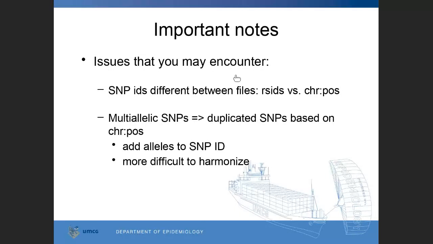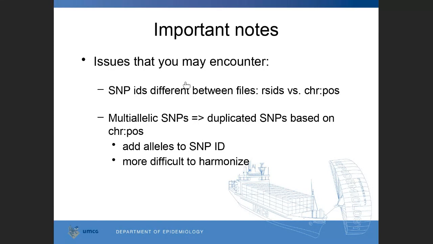Well, and some issues that you will encounter when analyzing your data is that the SNP IDs may be different between files, either between case and Lifelines cohorts, or between your own genotype data and GWAS summary statistics when wanting to calculate polygenic risk scores.